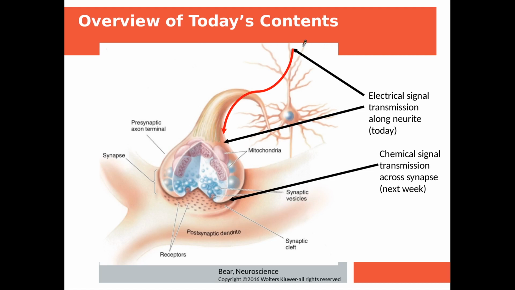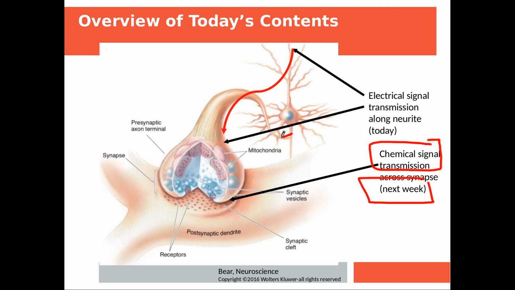So today I'm going to cover basically the electrical signal transmission. How do action potential and membrane potential change in neurons, and how is it transmitted along the axon? And then next week, I'm going to cover chemical signal transmission.